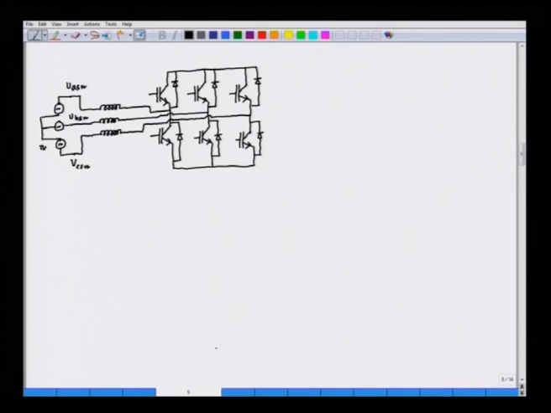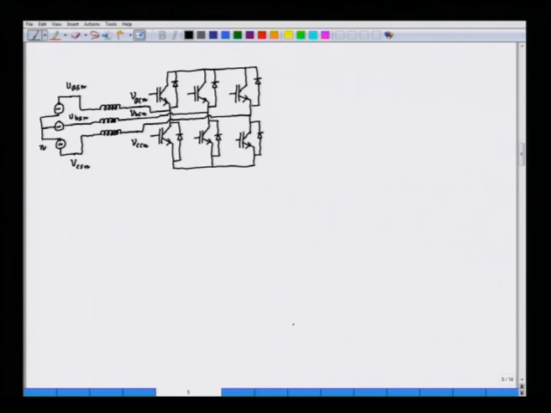Similarly, here we have the converter here. So, we can call this as V ACN, V BCN and this is V CCN. C stands for the converter, and these two are linked by means of an inductor.